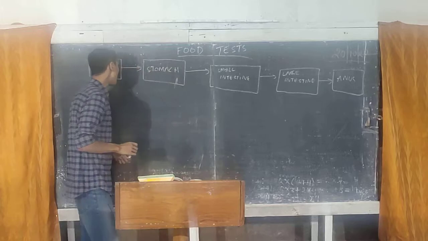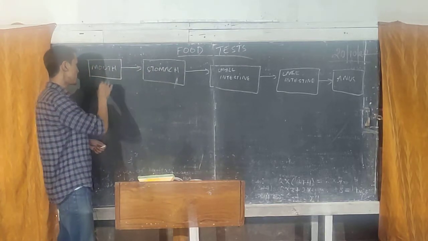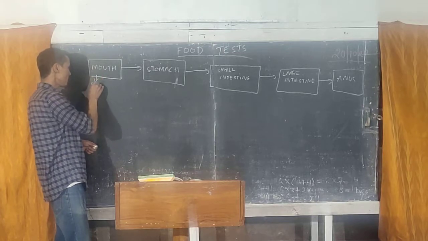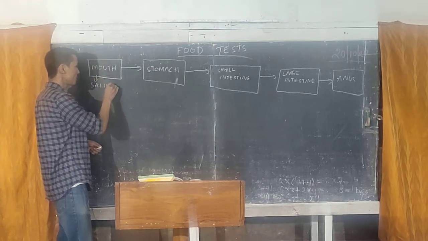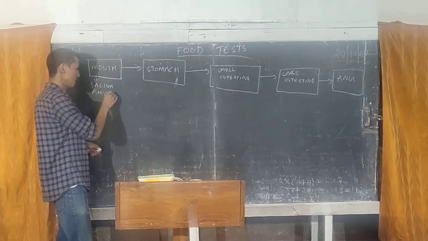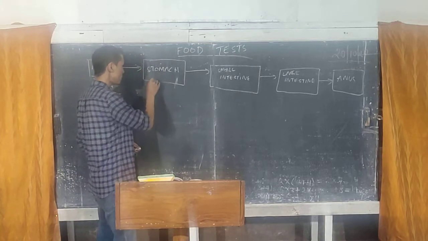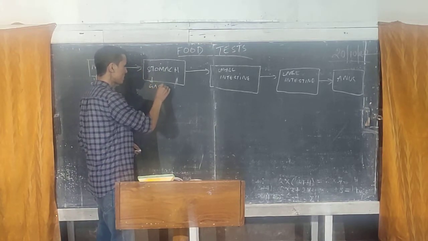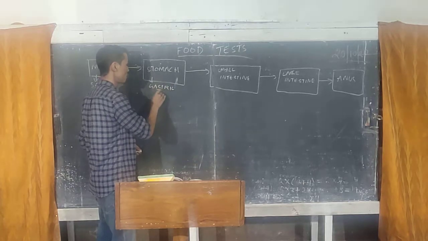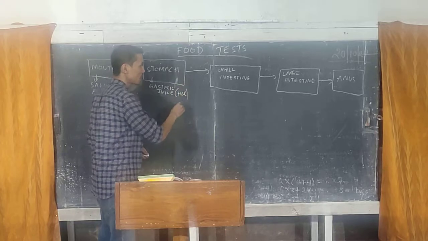So in mouth, what happens is the food is broken down into small pieces and it mixes with saliva with the enzyme salivary amylase. In the stomach, the food mixes with the gastric juice, that is hydrochloric acid.